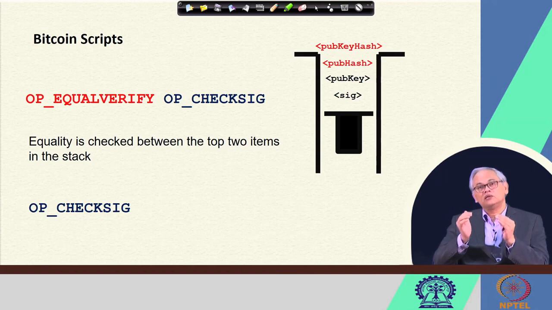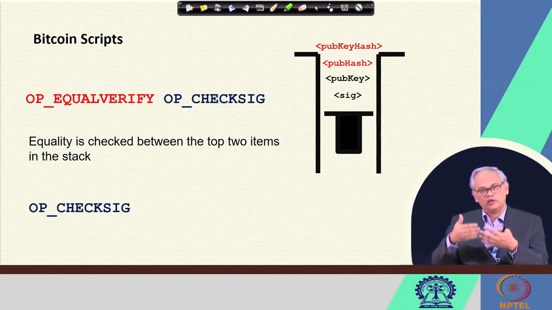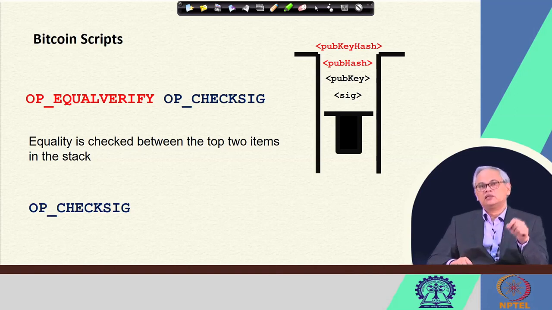So, in the script pub key we had the pub key hash, and then Bob, in his script SIG, had his SIG and the pub key. What has been done so far is that the pub key that Bob had provided was duplicated, and then the hash was generated, which is the pub hash that you see here, and then the pub key hash, that is the address to which Alice had made the payment.